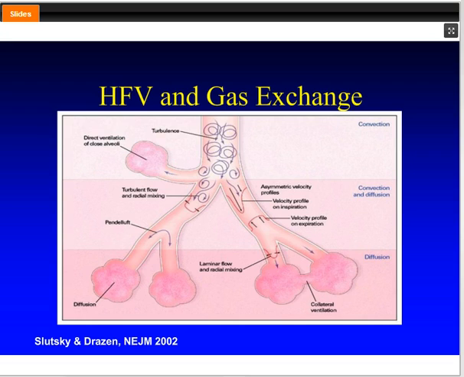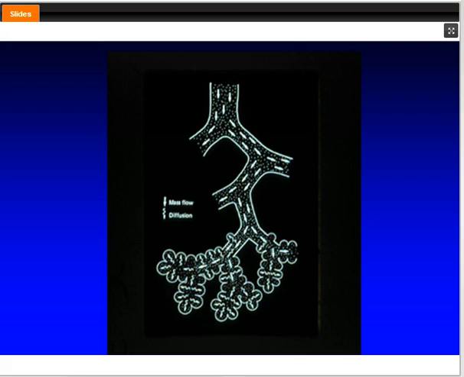volume of the lung. So with conventional ventilation, ventilation is frequency times tidal volume, and that is how you get rid of carbon dioxide. So if you increase tidal volume or frequency by 10%, you'll increase CO2 removal by 10%.